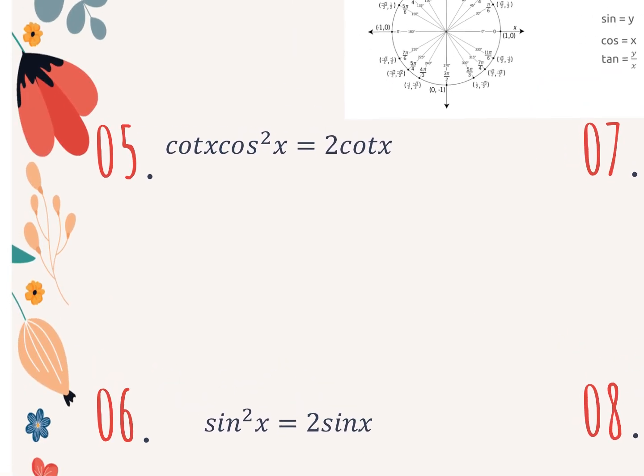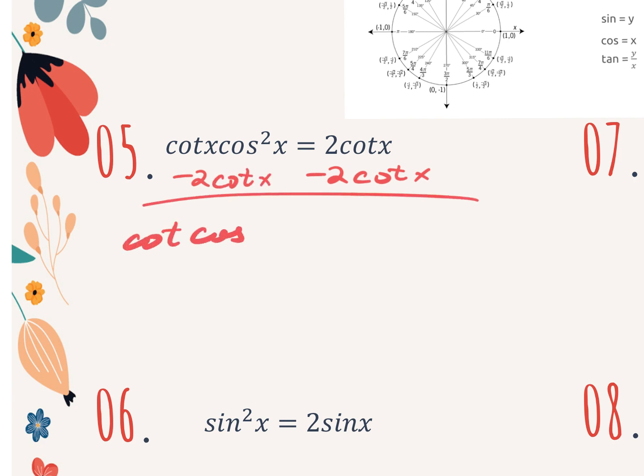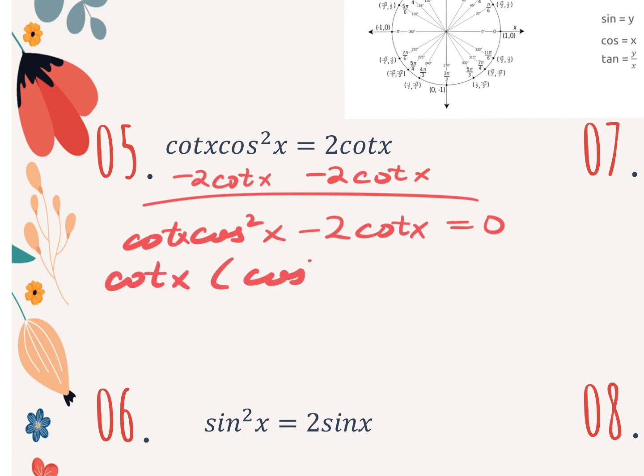All right, so for number 5, what I need to do is get all my trig functions on one side. So I'm going to set it equal to 0. So I get cotangent times cosine squared x minus 2 cotangent of x equals 0. I'm going to factor out a GCF of cotangent. So cosine squared x minus 2 equals 0.